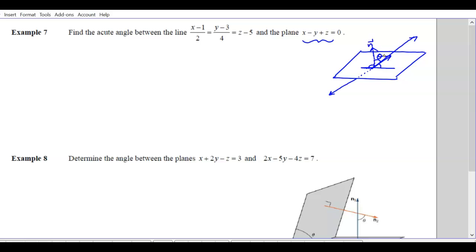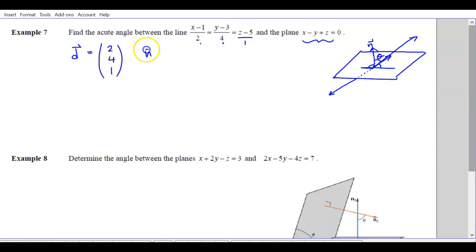Okay, so let's get the direction vector of the line. So that's going to be 2, 4, 1. Remember the denominator, that's like over 1. All of the x, y, and z terms are positive, so you know there's no negative in the direction vector.